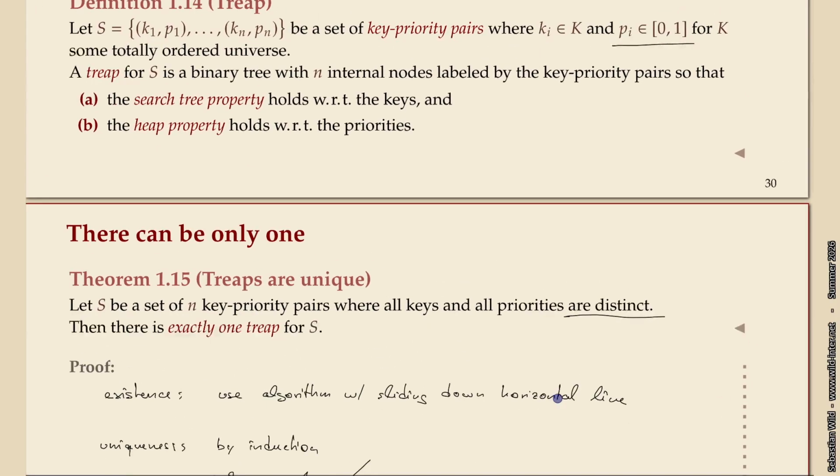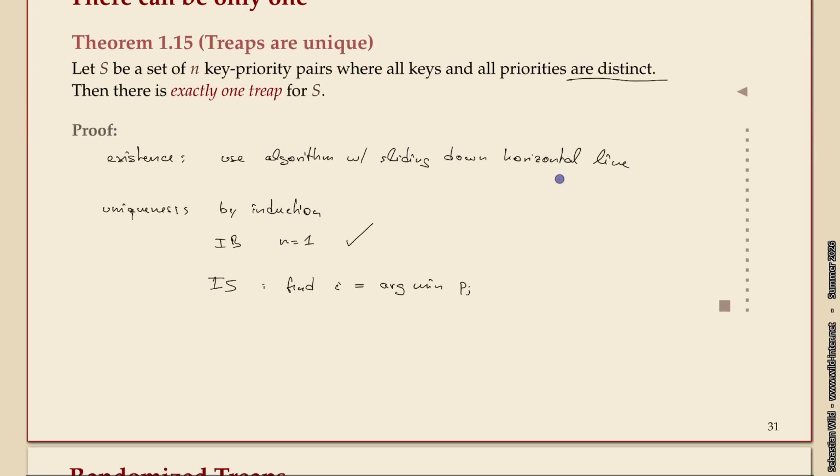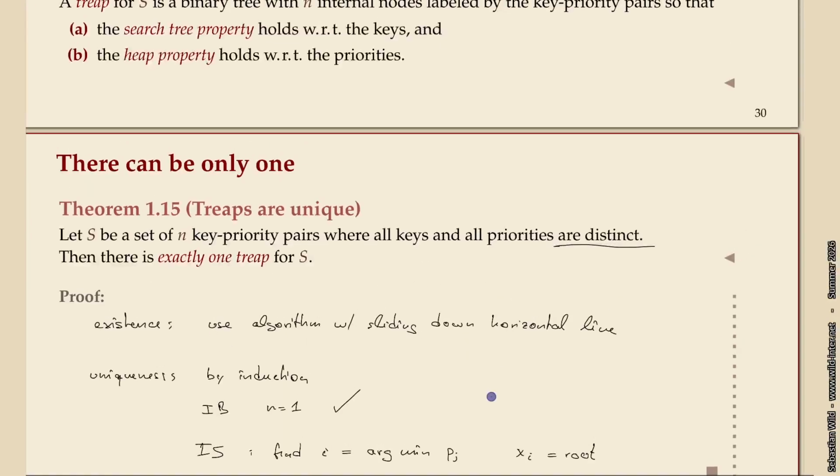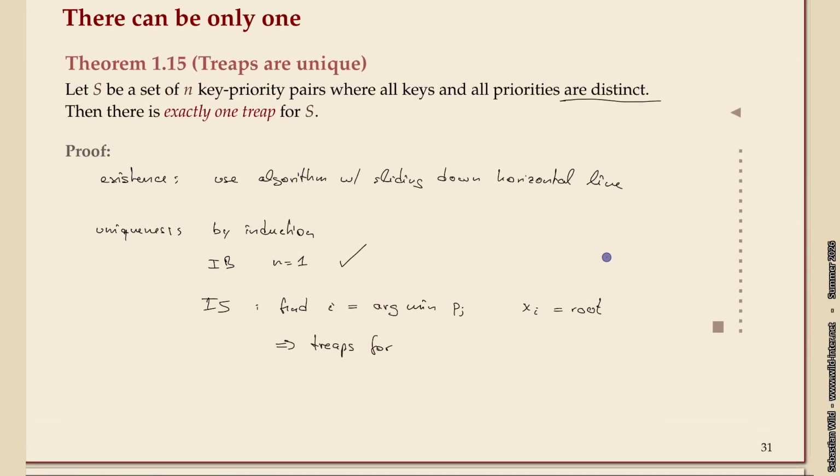Given the pairs k1, p1 up to kn, pn, I pick the root. And the choice of the root is unique by the heap property.